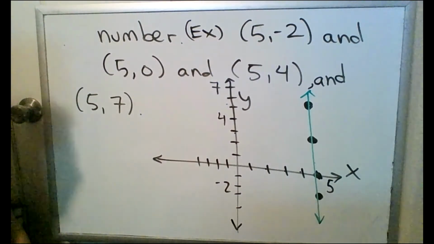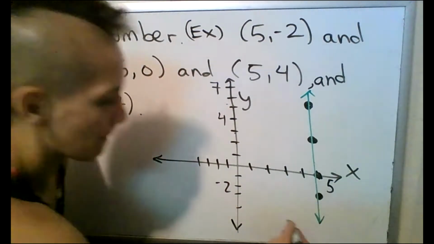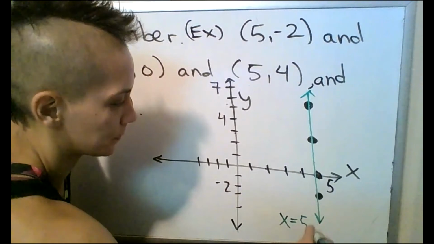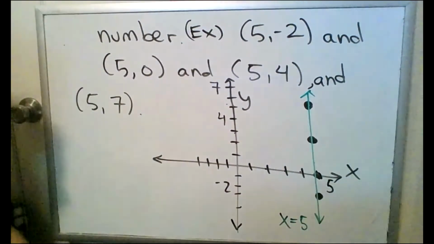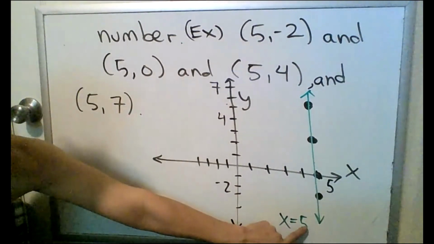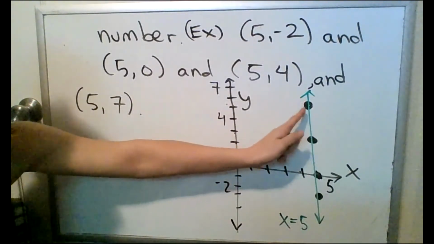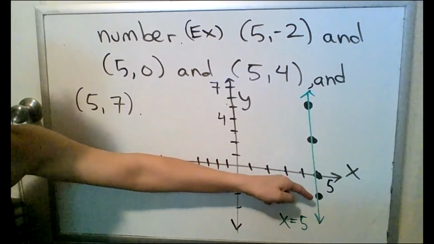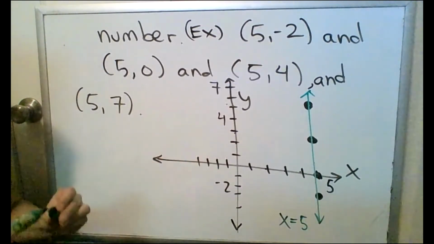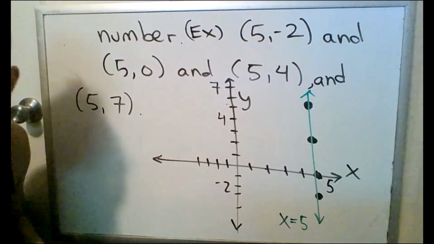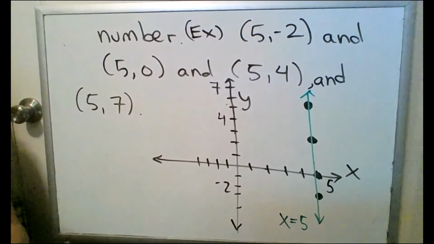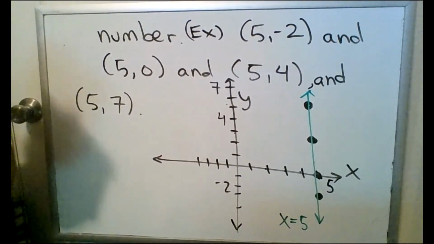It was the line x equals 5. So x is stuck at 5, y goes up and down. Y can be up towards positive infinity, or it can be some number down near negative infinity. And we're going to go over horizontal lines. Oh, one last thing though.